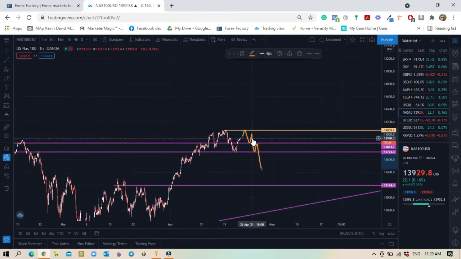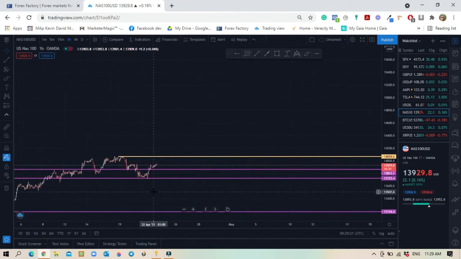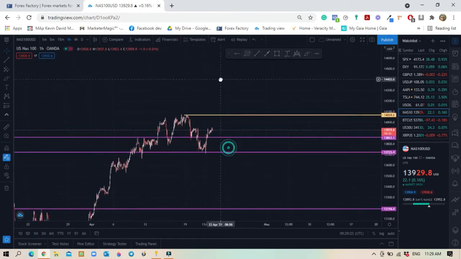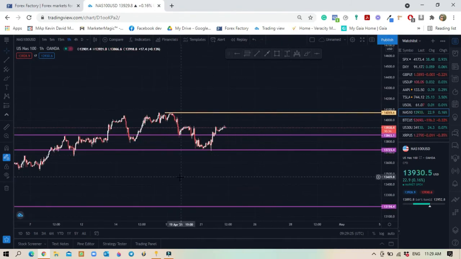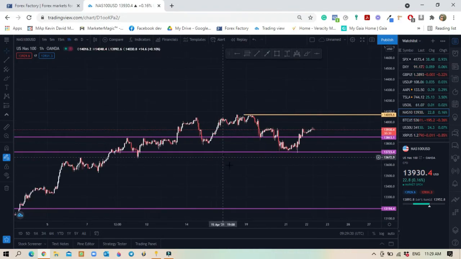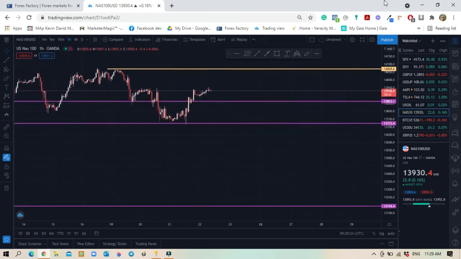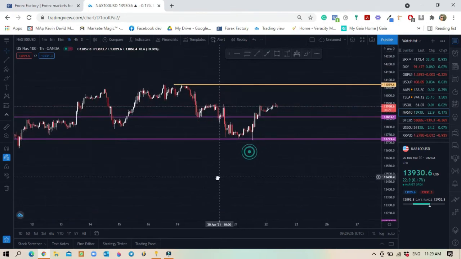So let me quickly just delete this and show you what I am looking for. Guys, the most important thing, please note this: if you do not plan this much in depth, you will never ever be able to trade correctly. Okay, it is vital, so vital that you look at the charts from every angle.